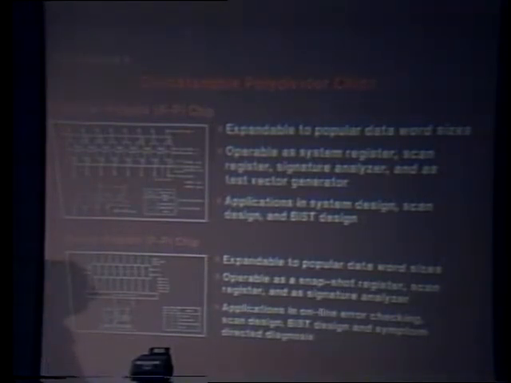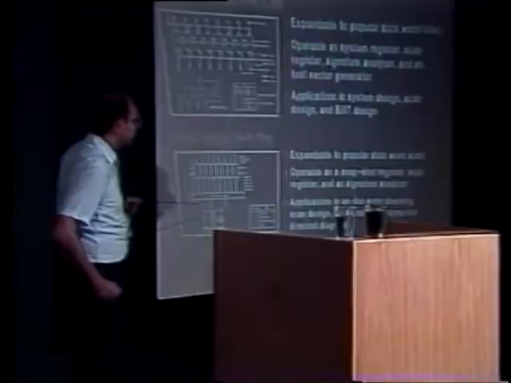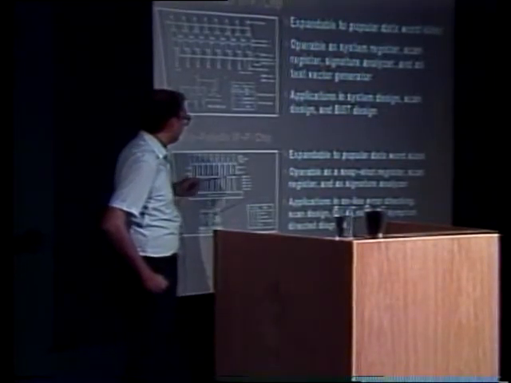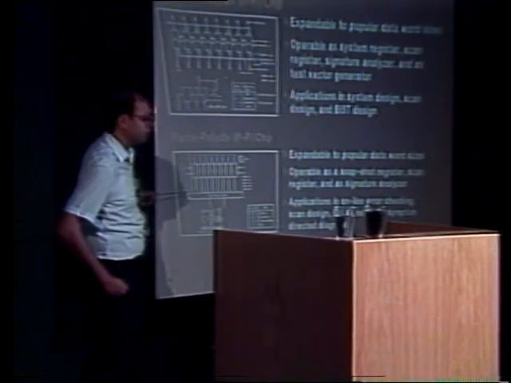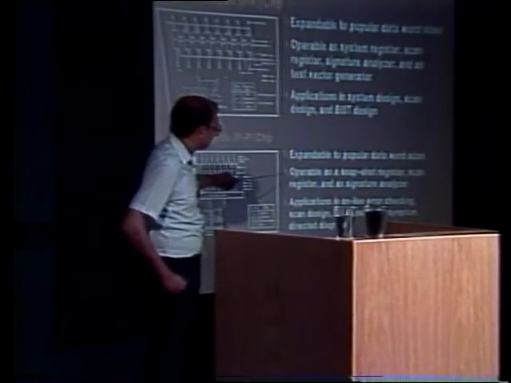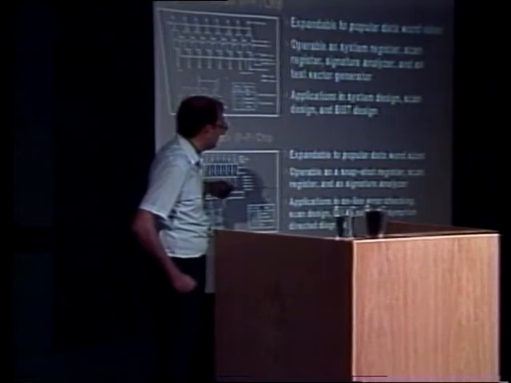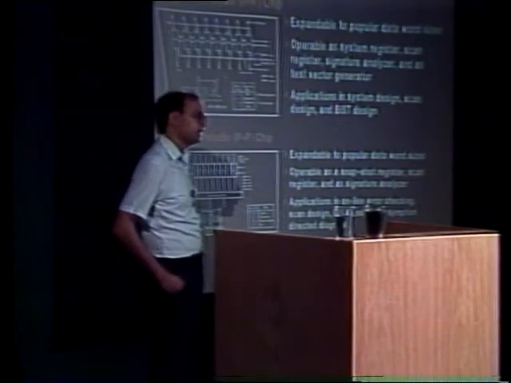Here is another possibility, the parity polydiv or PP chip. Again, it is expandable to popular data word sizes. We know that the parity function is expandable. You can cascade parity generator checker chips to address however many data bits you may have to handle in your system operation. But by combining the expandable or concatenable polydivider and the parity function, we can operate it as a snapshot register or a scan register or as a signature analyzer.